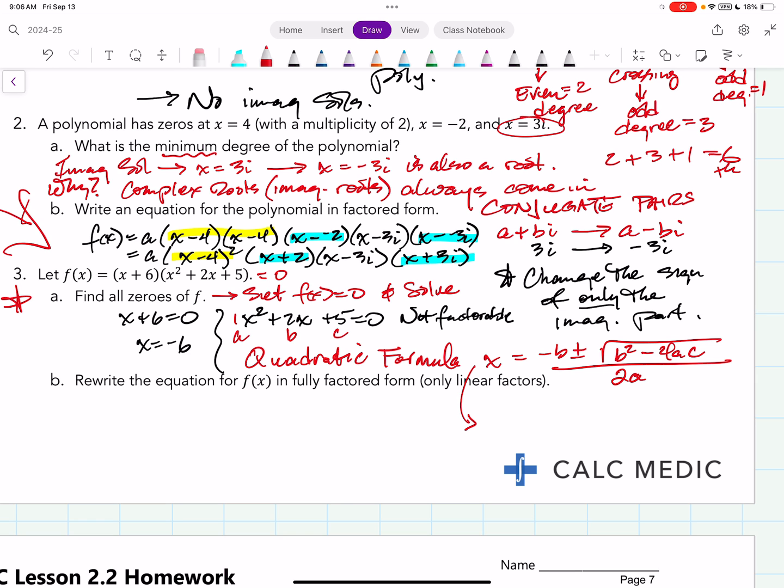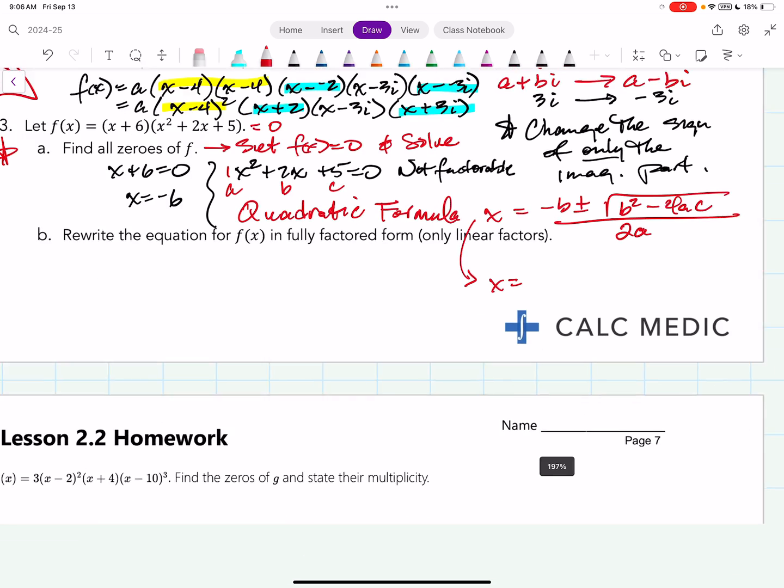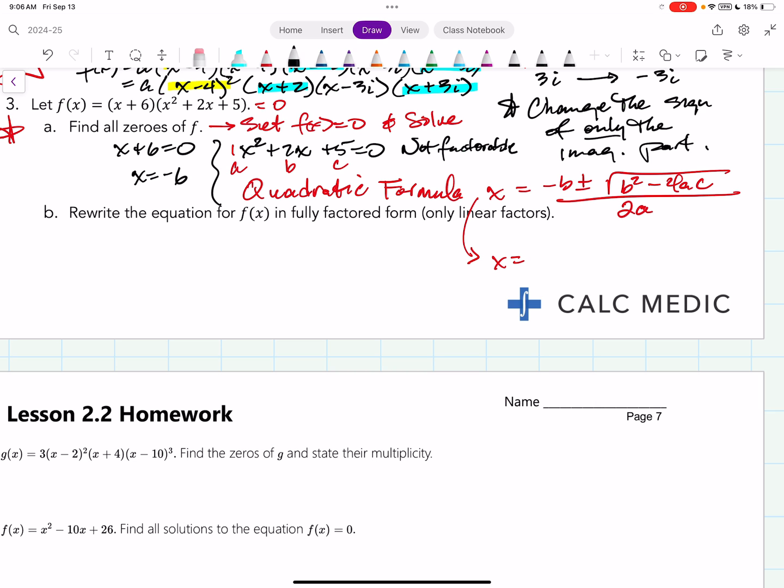So let's get started. Here we go. So we have the opposite of b, which is negative 2, plus or minus the square root of b squared. So you square 2 and you get 4, minus 4 times a, which is 1, times c, all divided by 2 times whatever a is.